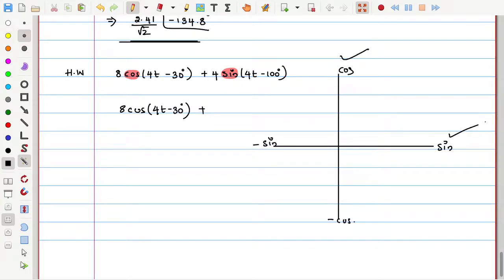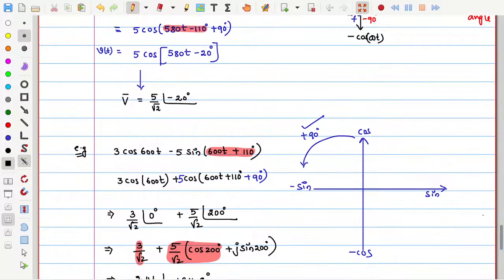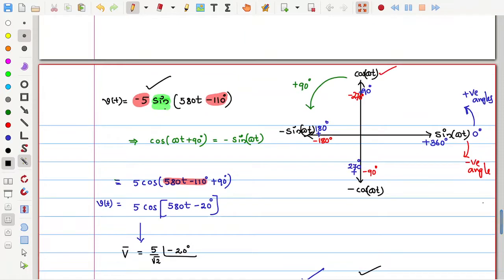So this cos is equivalent to, if I move from the desired to the available. Desired to available. Previously also see how I proceeded. This is what my desired is; to available. What is available? Minus sine is available. Here also see, what is desired? Cos I need. But what is available? Minus sine is available.